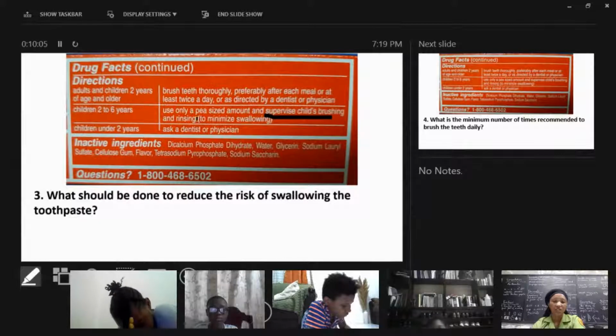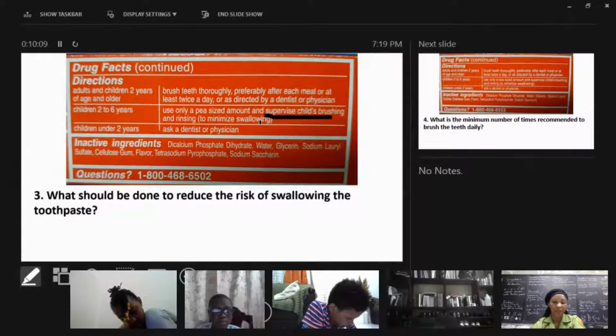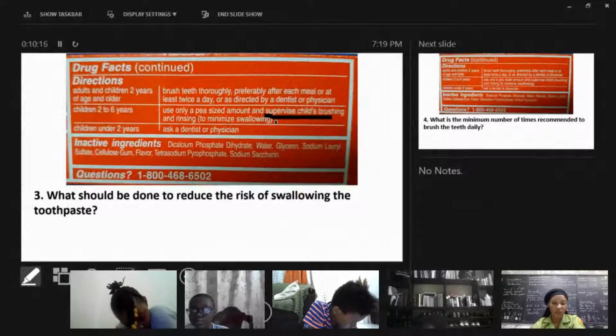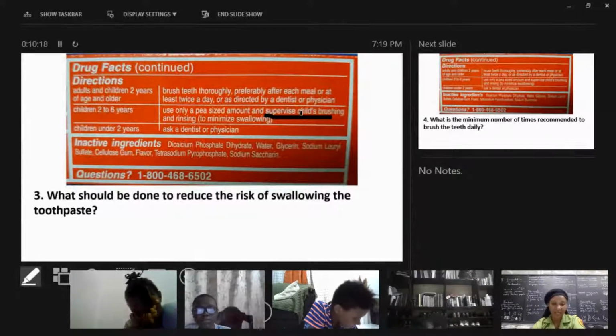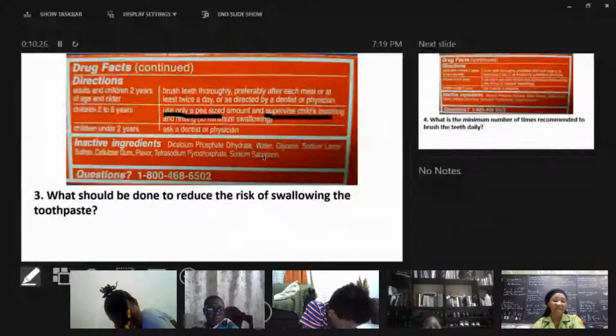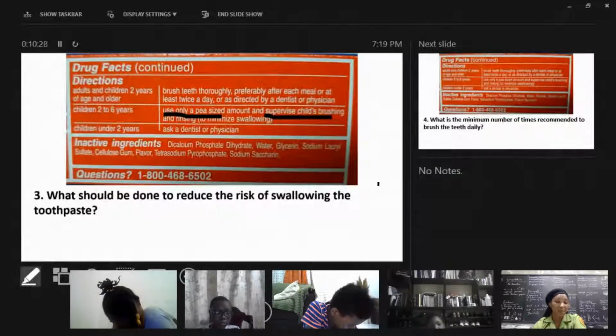Yes. So it's not the rinsing that's going to minimize the swallowing. For children 2 to 6 years, to minimize the swallowing, you are to supervise the child while he or she is brushing and rinsing, and make sure they use only a pea-sized amount, because anything other than that, the child might swallow it.